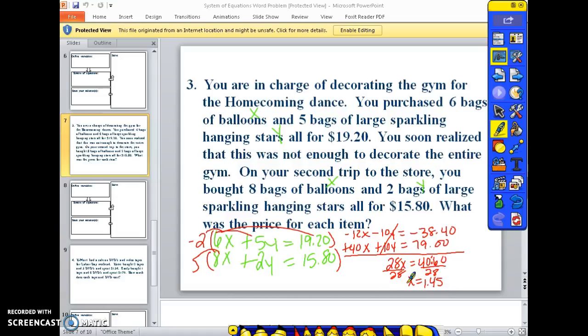And X, which is our balloons, cost $1.45. Plug that back into one of the original equations. 6X plus 5Y equals 19.20. 6 times $1.45 is $8.70. $19.20 minus $8.70 is $10.50.